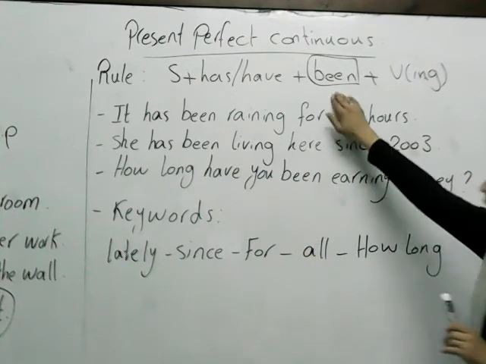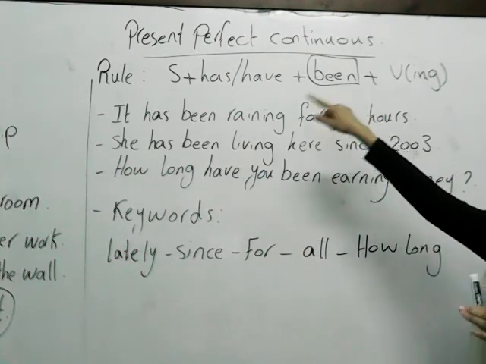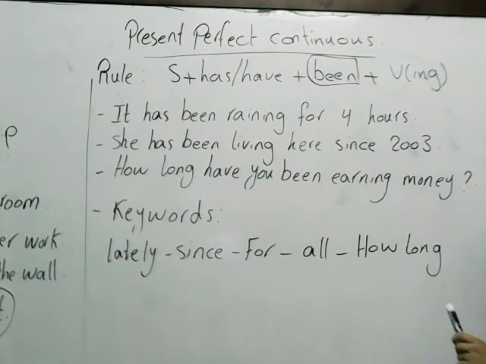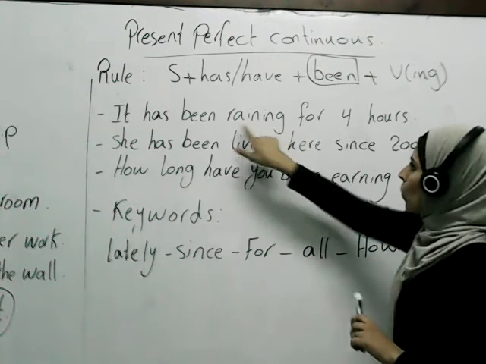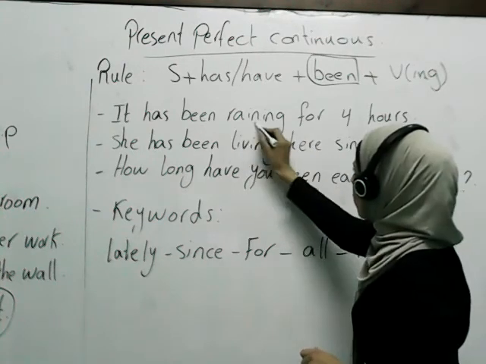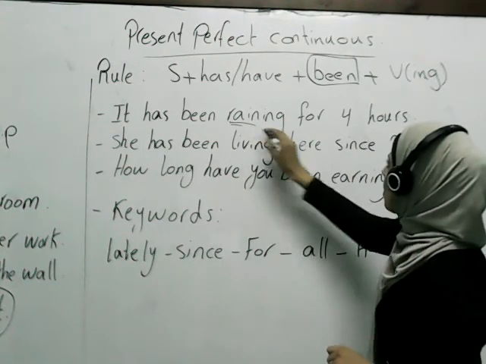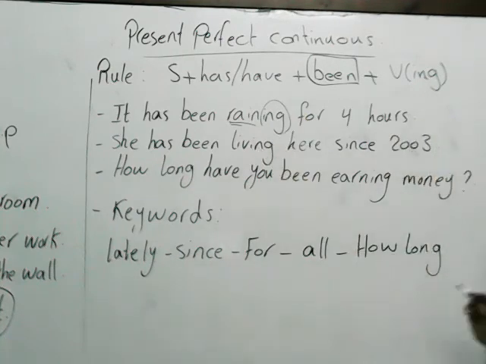Look at the rule here. Have been is fixed with each example here, and verb ing, which is raining. Rain is the main verb or the root, and ing is to talk about a continuous verb.